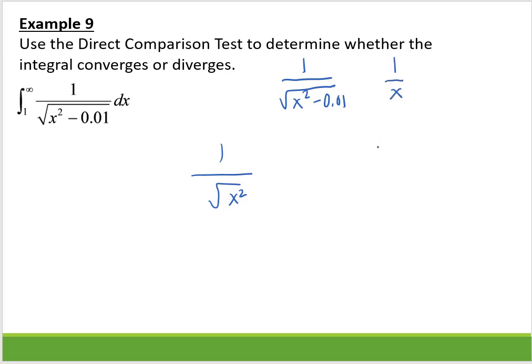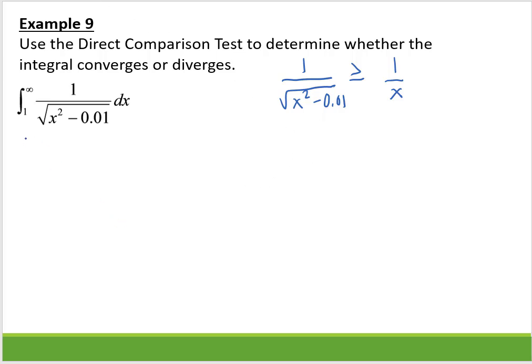Now I need to figure out which function is smaller and which one is larger. So this denominator is smaller than this denominator, which gives me an overall larger number. Smaller denominator, larger value.